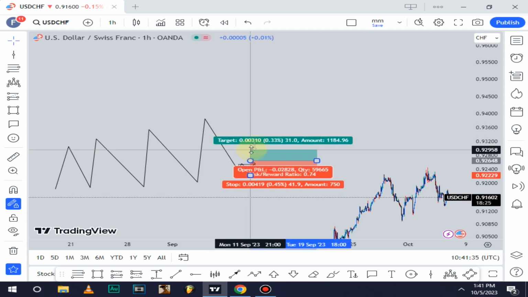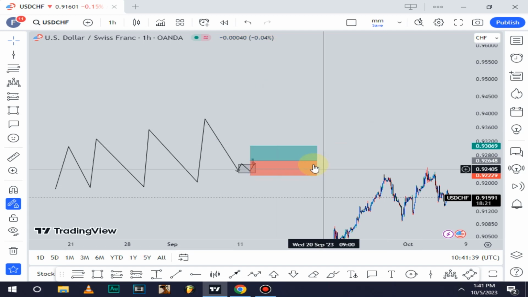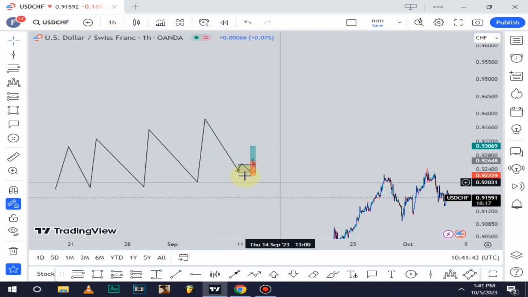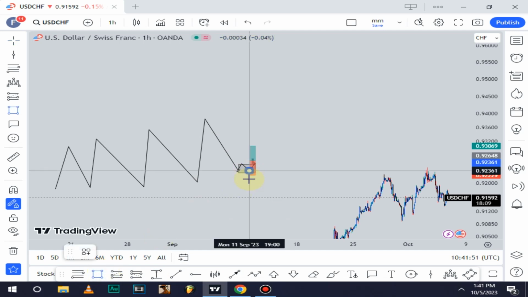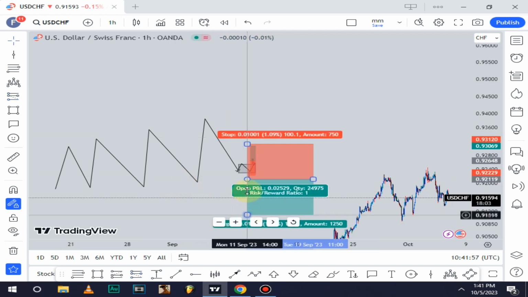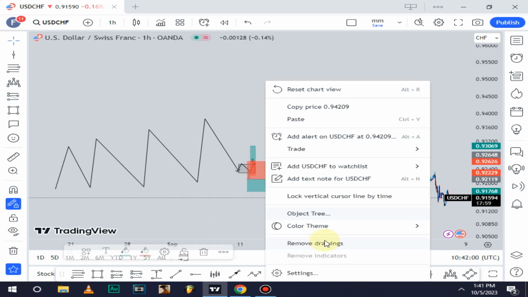If I risk 41, I should be making 41 or 42, whichever, right? Then call it a day, right? So the reverse is true. If the market did break out of this consolidation to the downside with a bearish candlestick, then like this is what I'm talking about, I'll take a sell entry, just like that, target 1-to-1, right? Call it a day and come back the next day, just like that, guys.